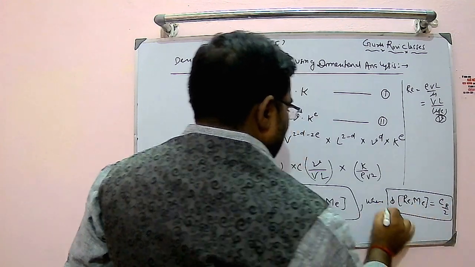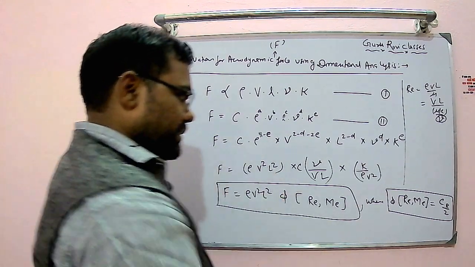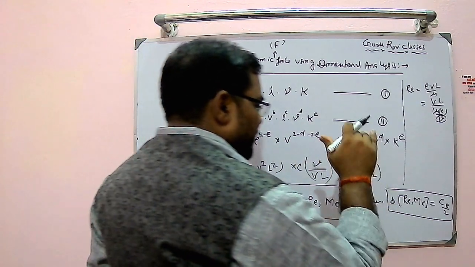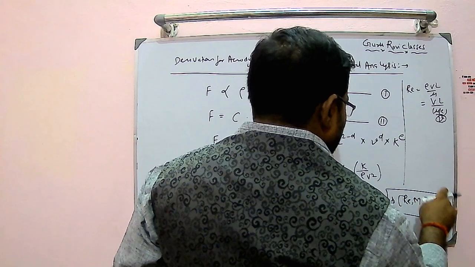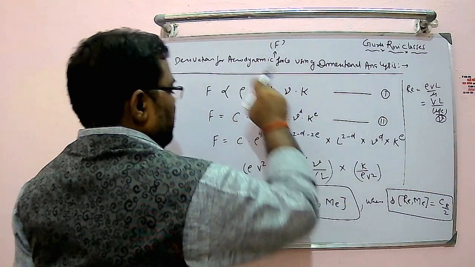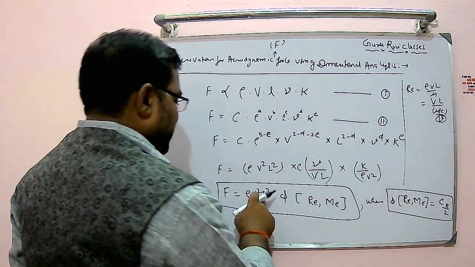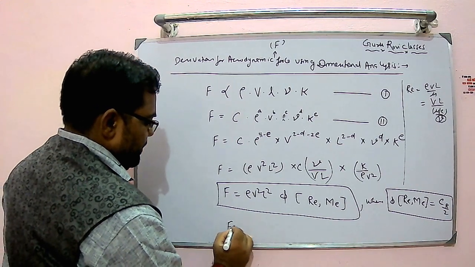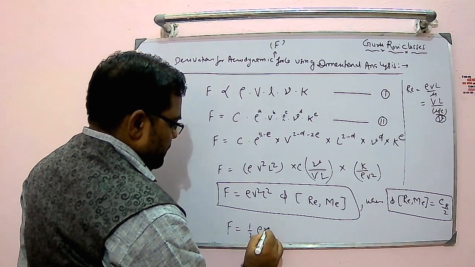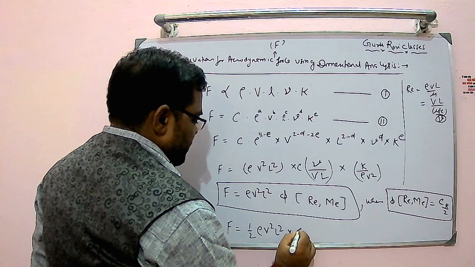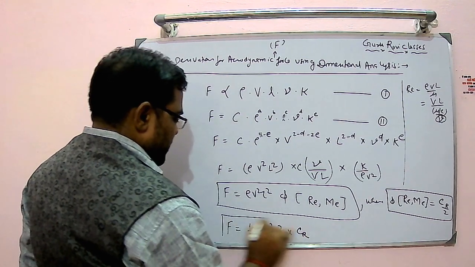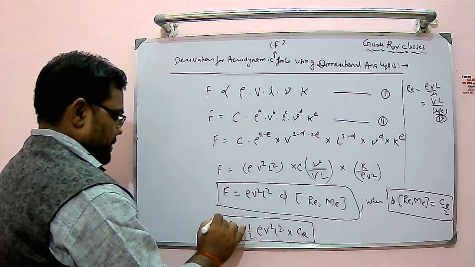This is an empirical relation. Not asked for derivation for this. So phi of Reynolds number and Mach number is nothing but the coefficient of resultant aerodynamic force divided by 2. If you substitute this here, you can get F is equal to half rho V square L square into CR. This is the one relation.